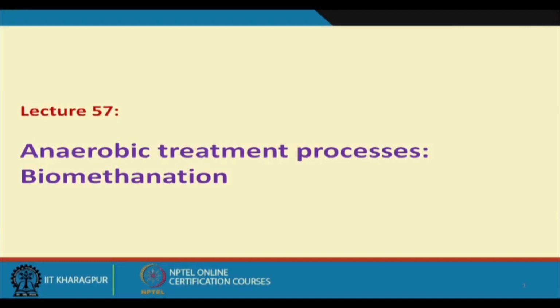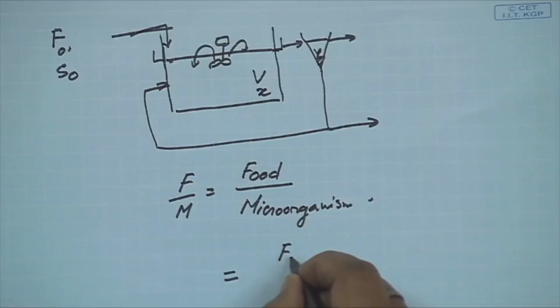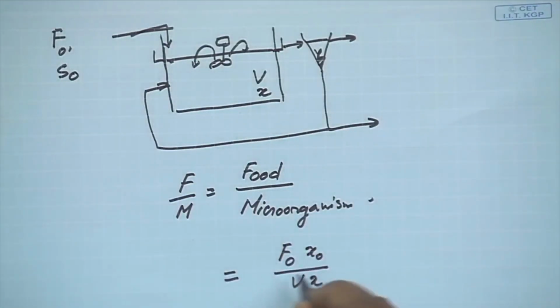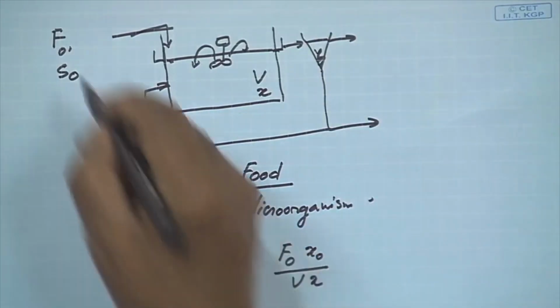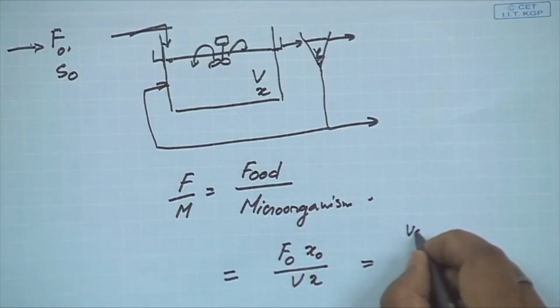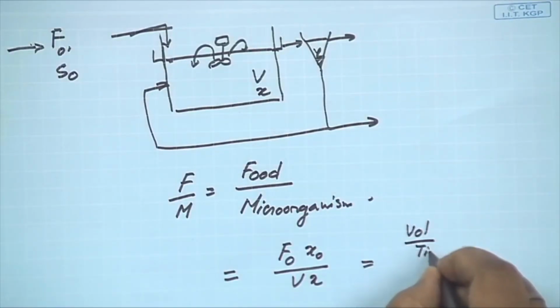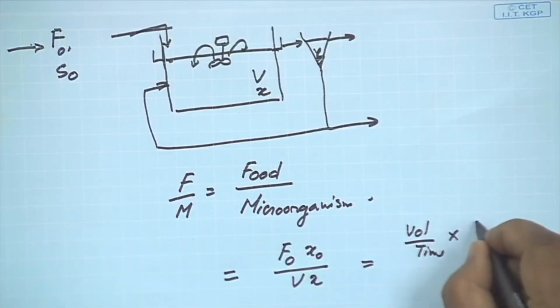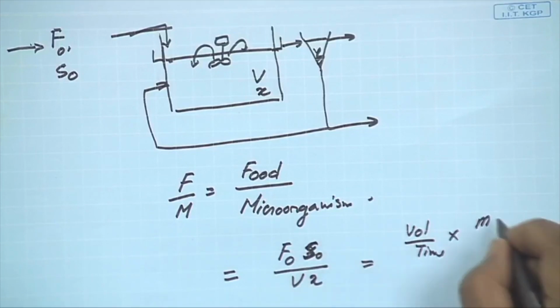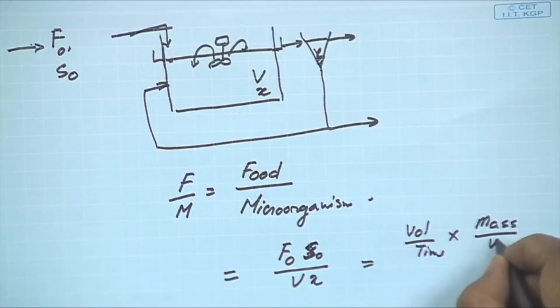F by M can be written as, I told you, food is substrate, that is F0 into X0, divided by V into X. Now, F is the volumetric flow rate, and the unit is volume per unit time, and X0 is the concentration of substrate, which is mass per unit volume.